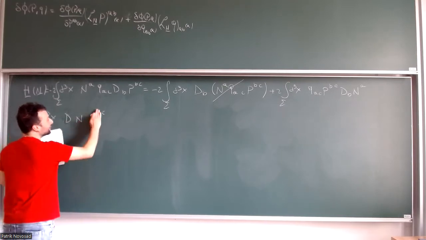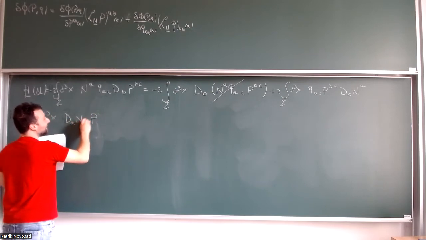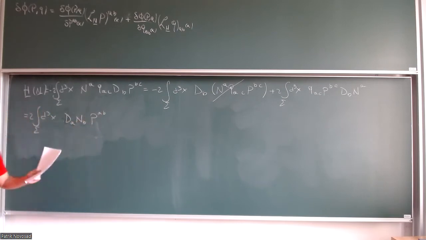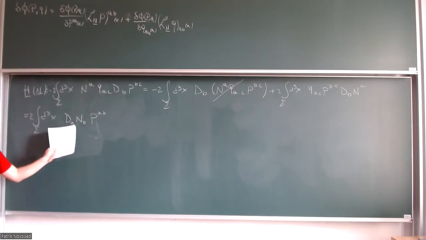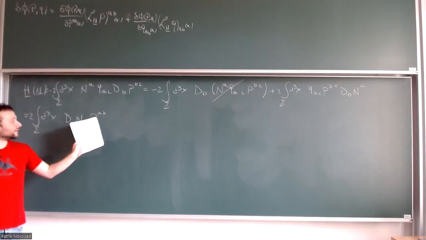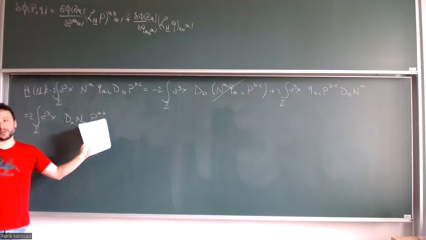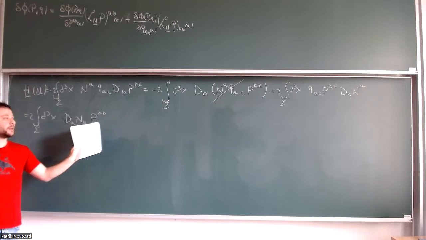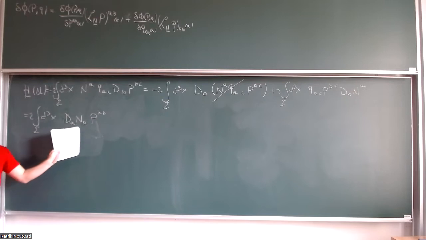Just because I prefer to write it this way. Now we see that since P is symmetric in AB, it has to be symmetric also in these other two indices.